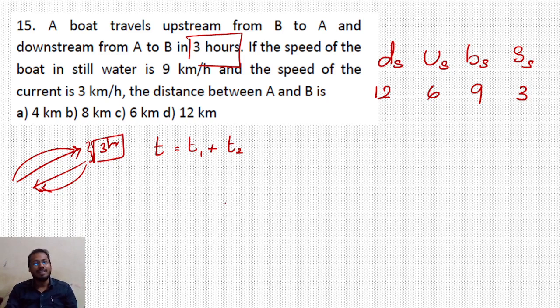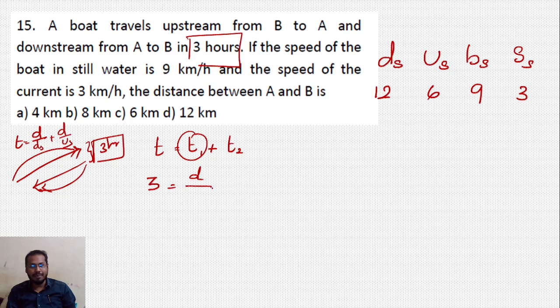So 3 hours is equal to, what is the formula for T? T equals distance by speed. If you first went downstream, you come back with the opposite speed, upstream. If you are going upstream, the return will be downstream. So for this 3 hours, the distance is not given, but the first speed is 12. Then the return journey, same distance, upstream, 6.